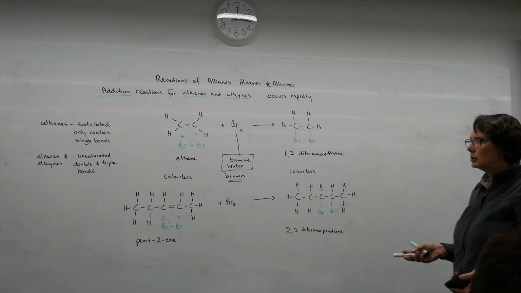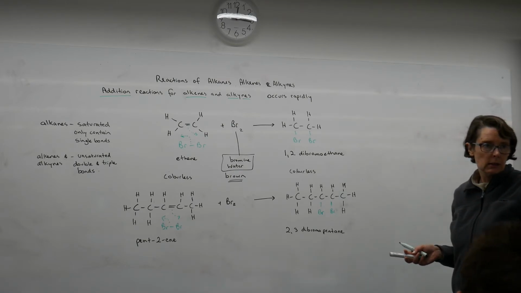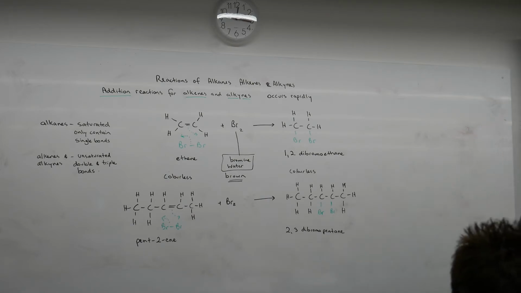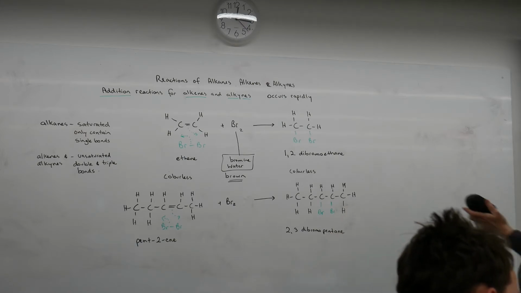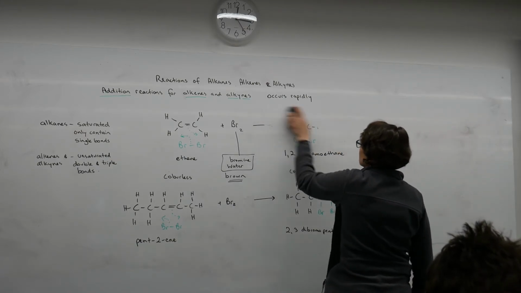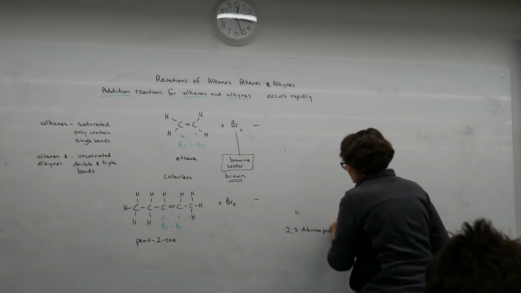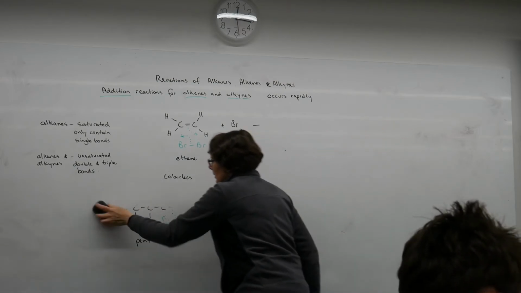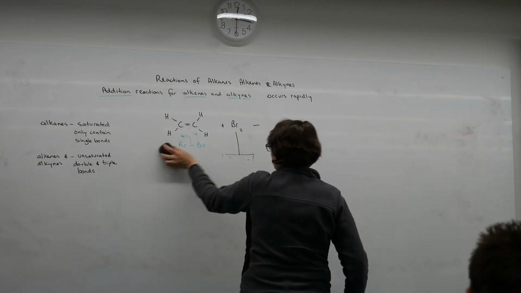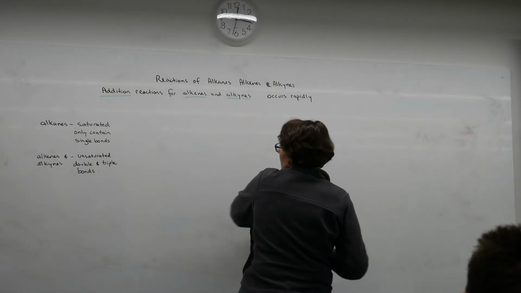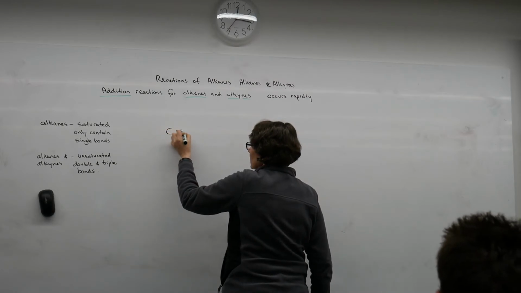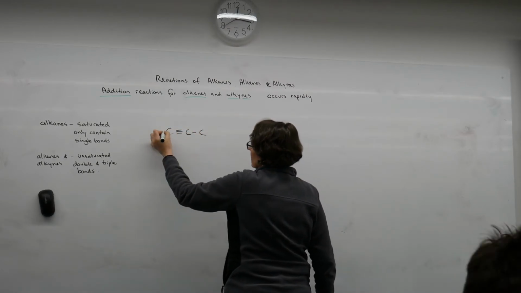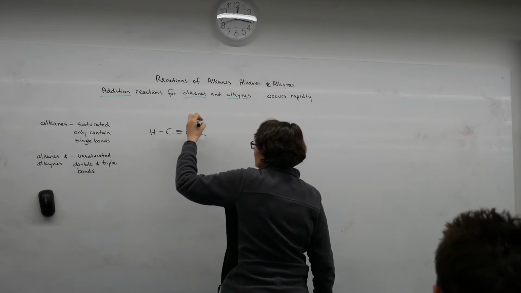Now we've only looked there at alkenes. I'm going to just do an alkyne for you as well. So let's do that. Again, get working on some questions. So what's this one called?